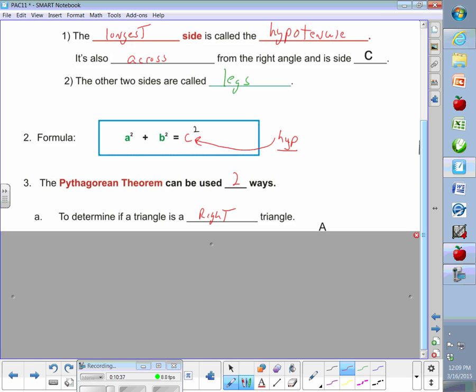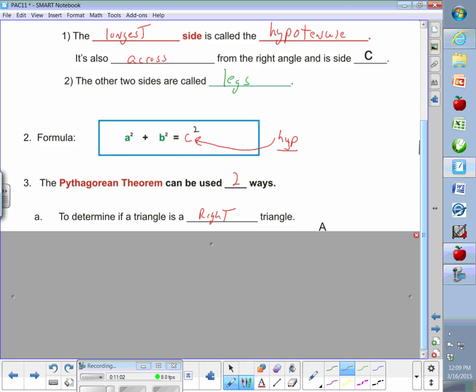Now, carpenters use it to make sure that their angle is a right angle. If the sum of the squares of their sides equals the square of their hypotenuse, they know they have a right angle. And that's good. It's good to build things with right angles. If not, it's a mess. And you'd have a messy building if your walls weren't at 90 degrees.